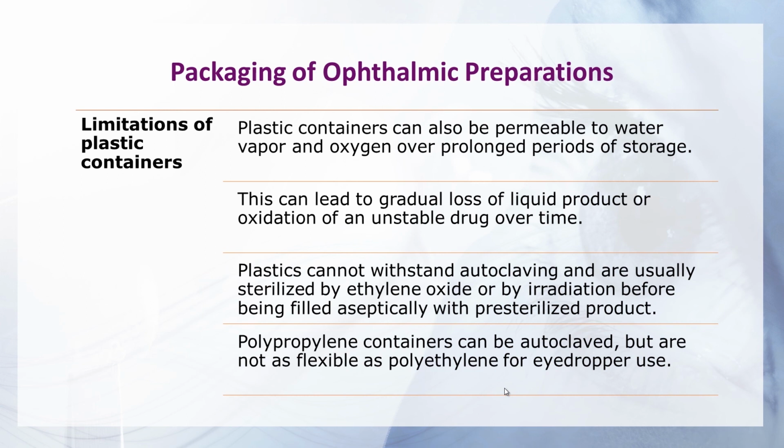So sterilization techniques are also limited in the case of polyethylene containers. Polypropylene containers can be autoclaved, in comparison with polyethylene, but are not as flexible as polyethylene for eyedropper use.